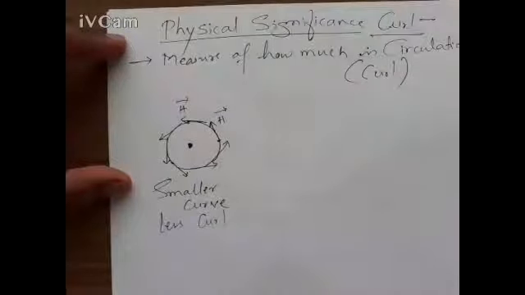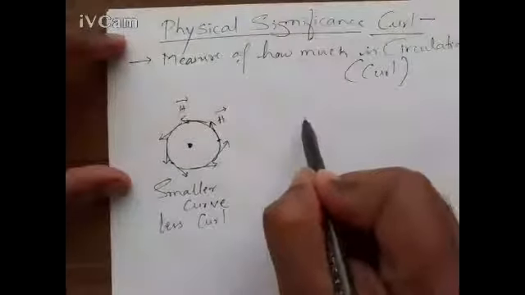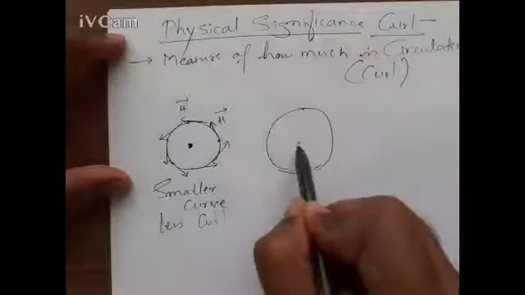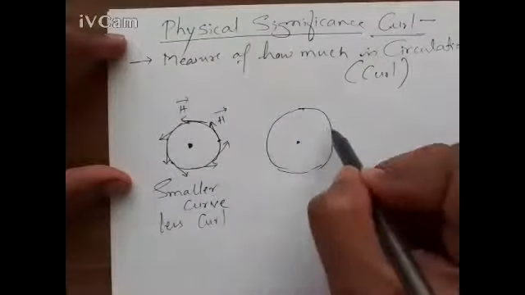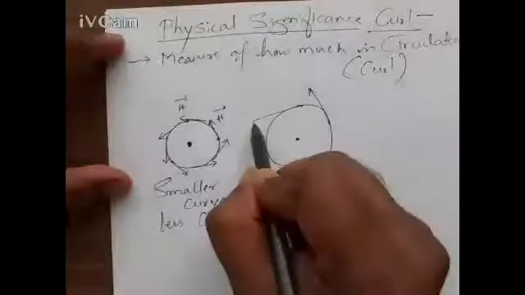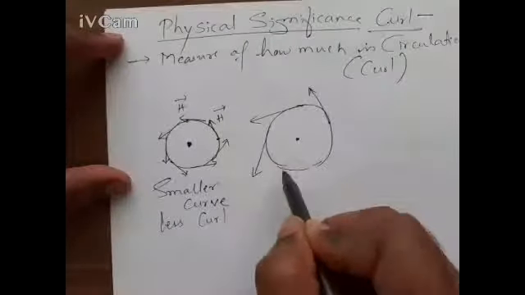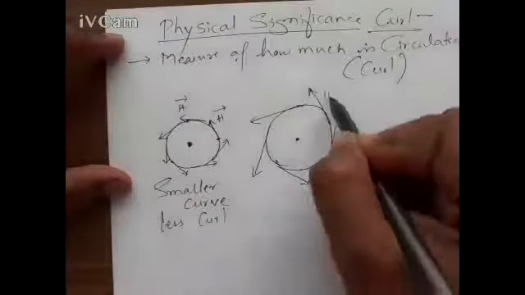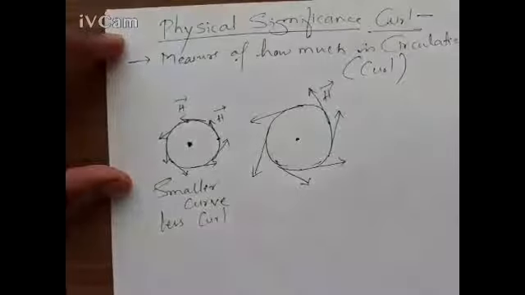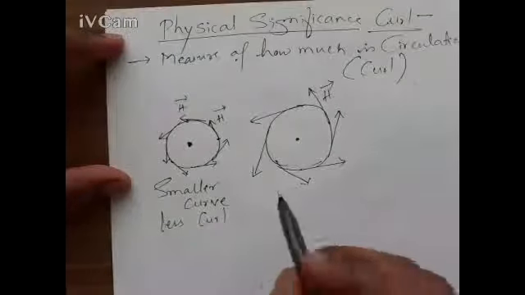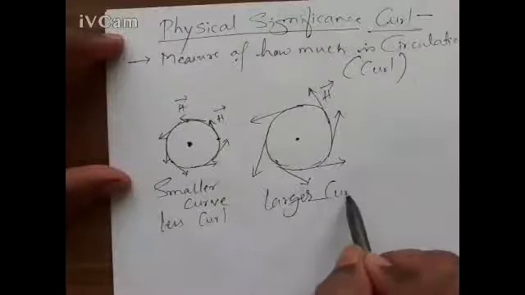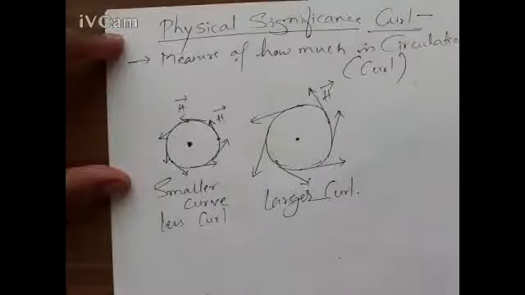If the strength of the magnetic field is greater, we indicate this with larger arrow marks. That means the strength of the vector field H is greater, so here we have a larger curl.